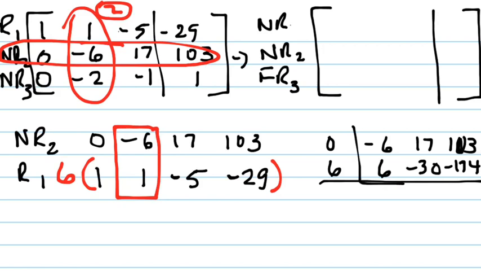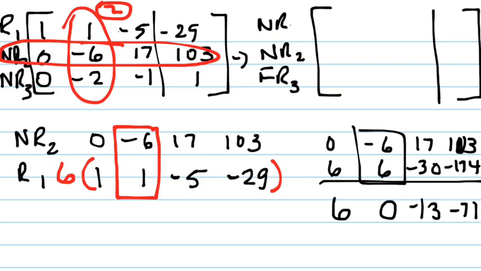Now we have our opposites here, right? So let's add them together. This gives us 6, 0, 30 minus 17 gives us negative 13. And negative 174 and 103 is negative 71.